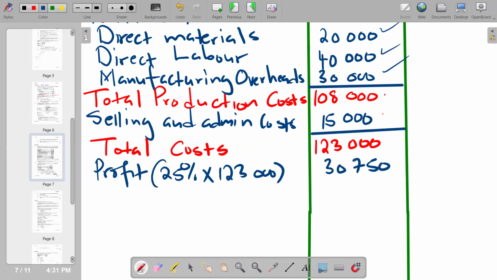30,750. And then we now add total cost plus profit to arrive at the selling price, which is going to be the final figure. So we are now saying selling price.